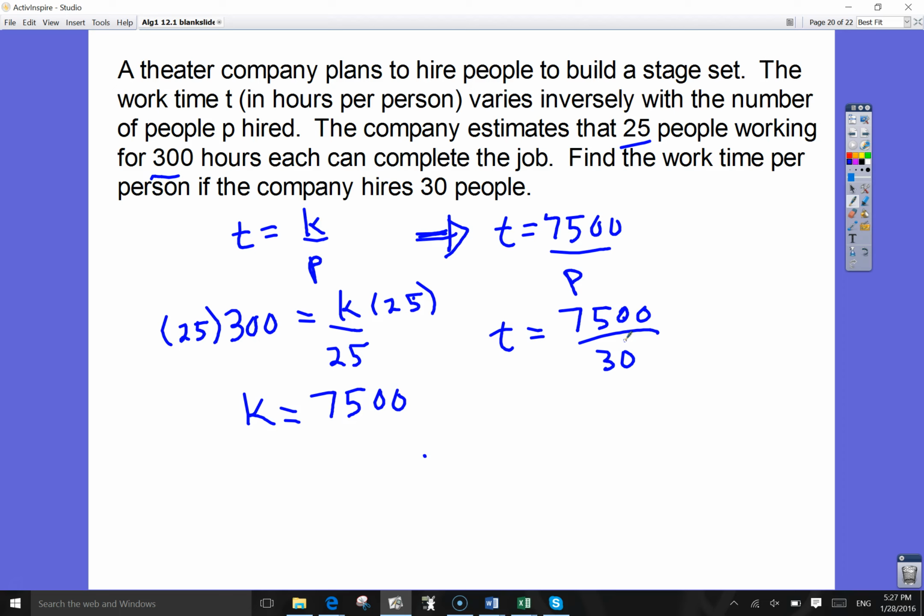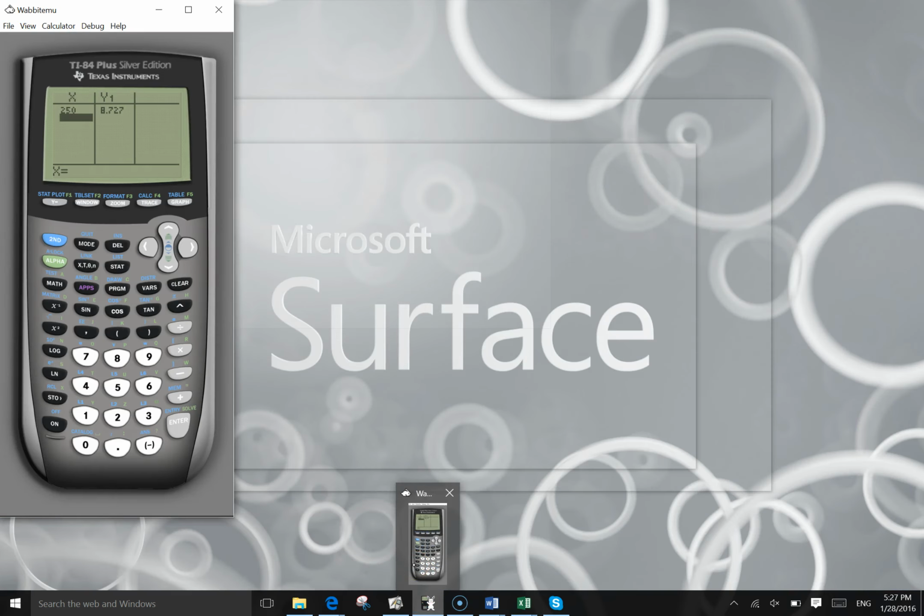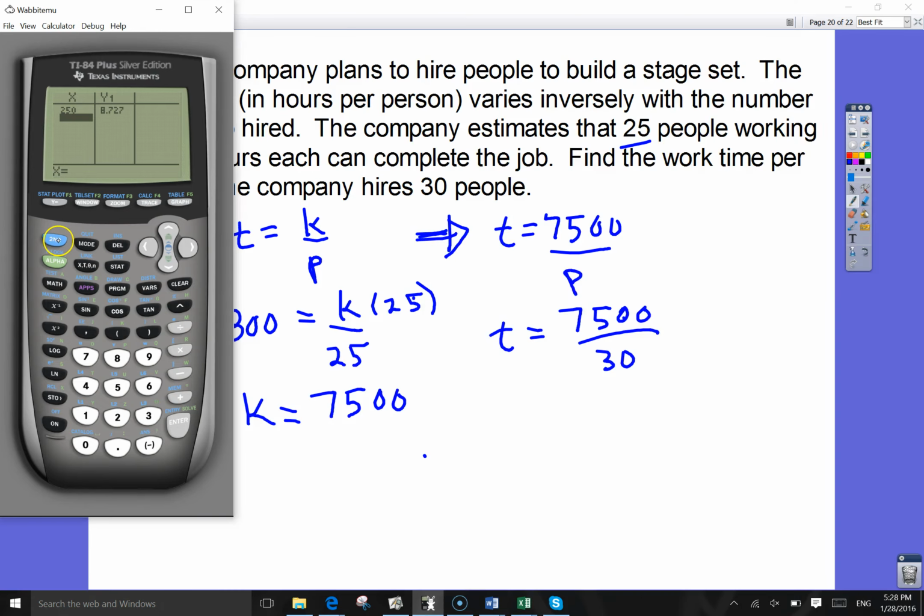And let's see, I guess I'll bring up my calculator. 7,500 divided by 30 is 250.